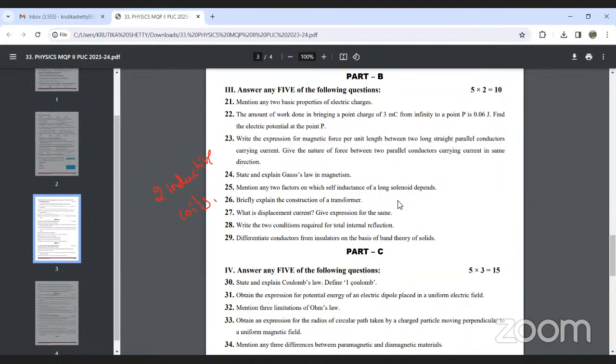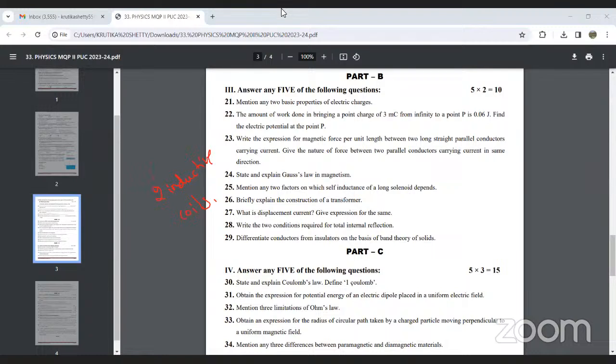you just need to introduce ID in the expression. Here actually the displacement current term is given in four formulas. That is ID is equal to, what is that?